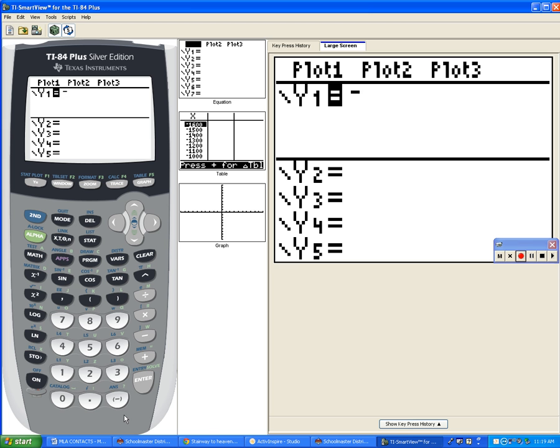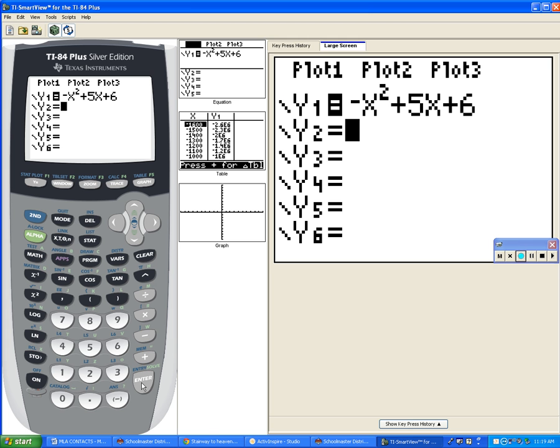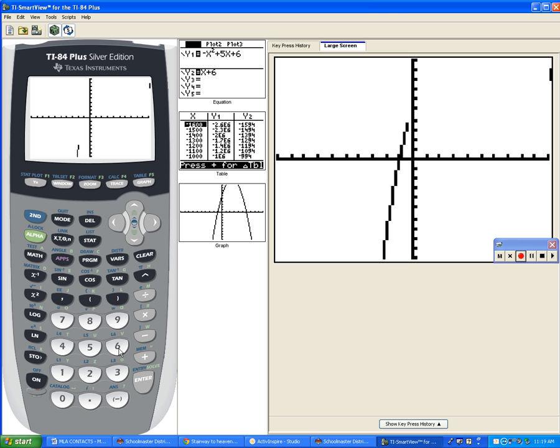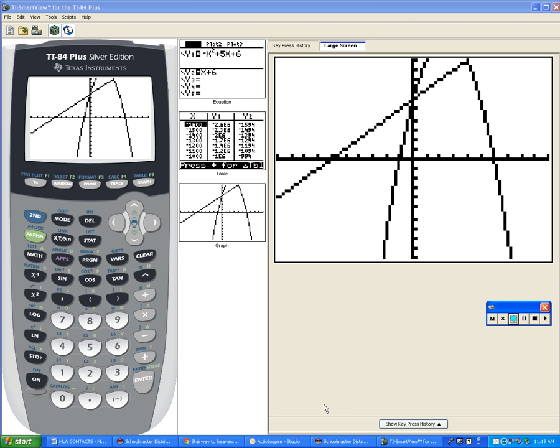So start with the negative button, and then type negative x squared plus 5x plus 6. Then we're also going to graph the other one, which is x plus 6. Okay? And a good way to get yourself started is to go zoom 6, and that will always bring you back to the plain old 10 by 10 window.